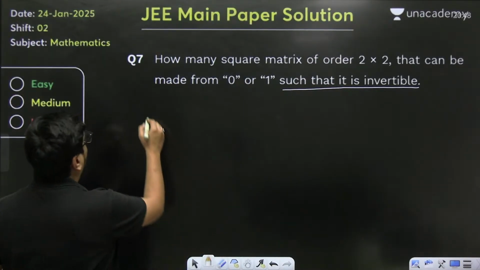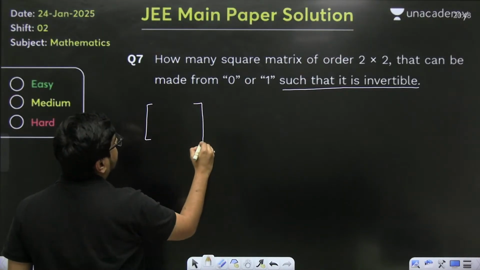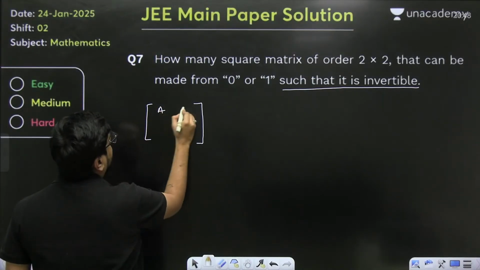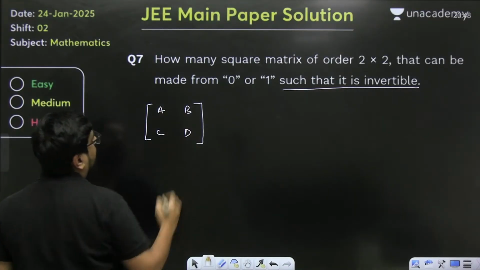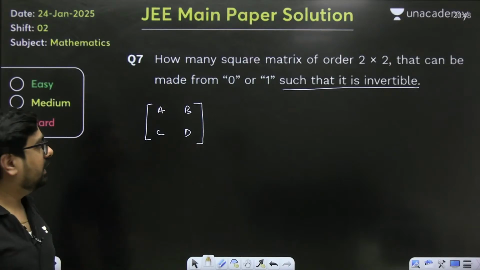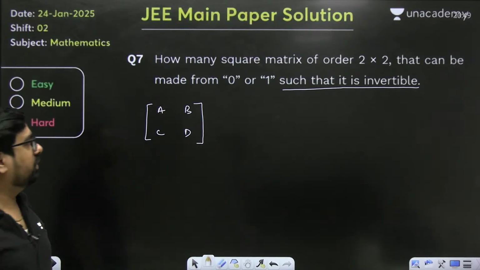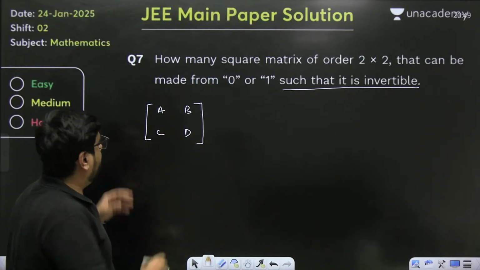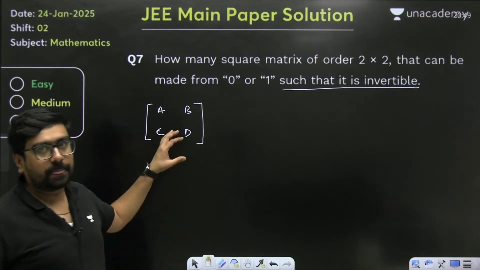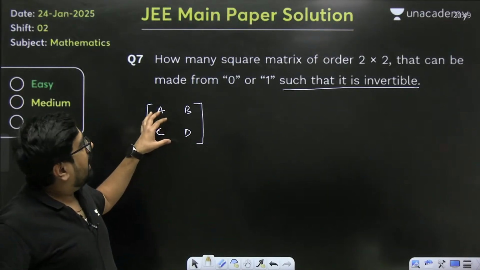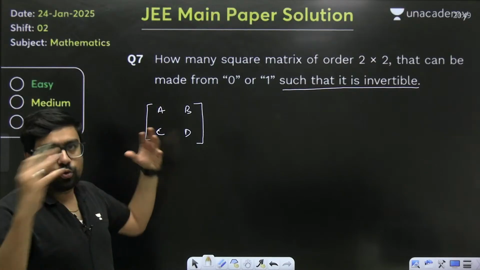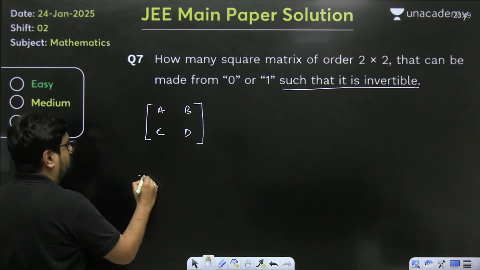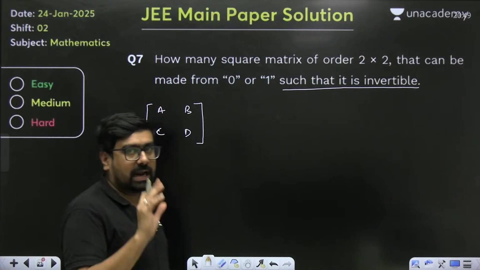It's saying that you need a 2 cross 2 matrix, right? Let's say A, B, C, D, 4 elements you have. If you need a 2 cross 2 matrix, how many such matrices can you form? 2 to the power 4 will be the total number that we know.